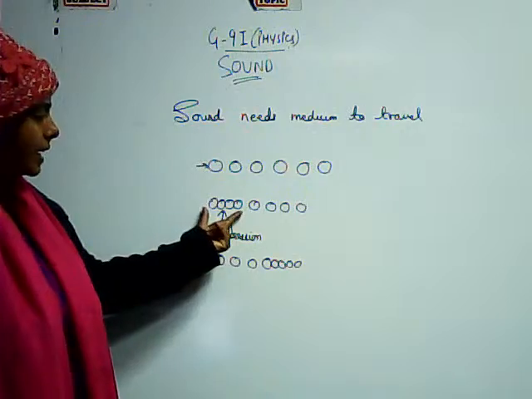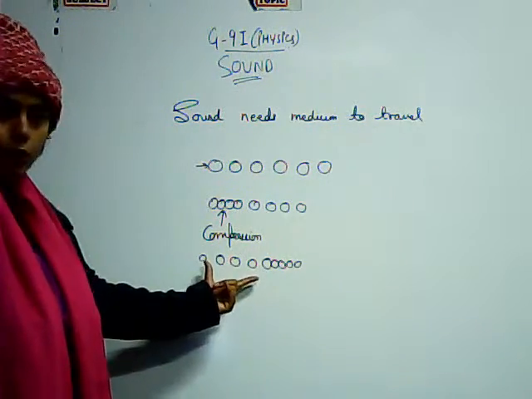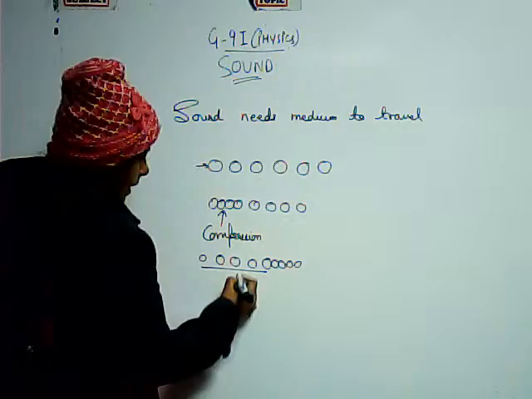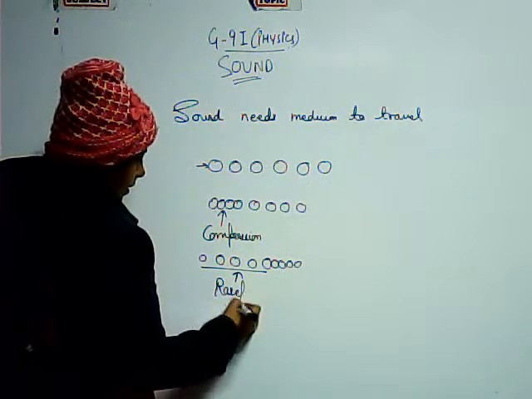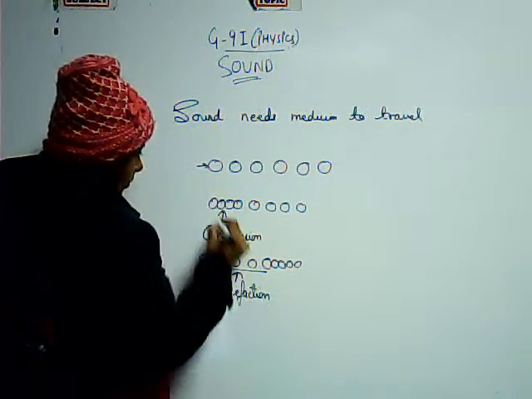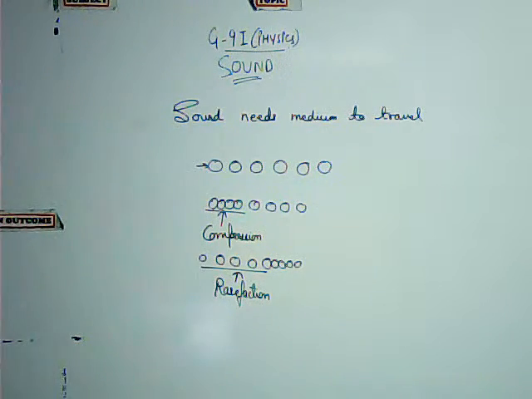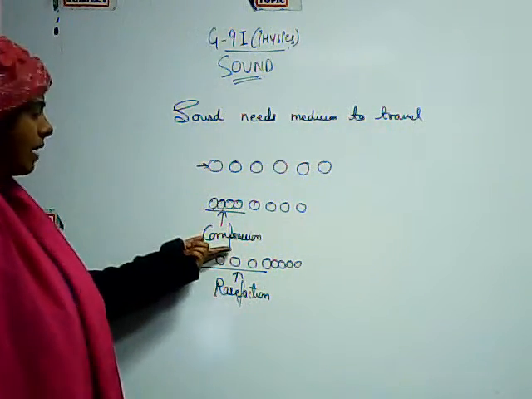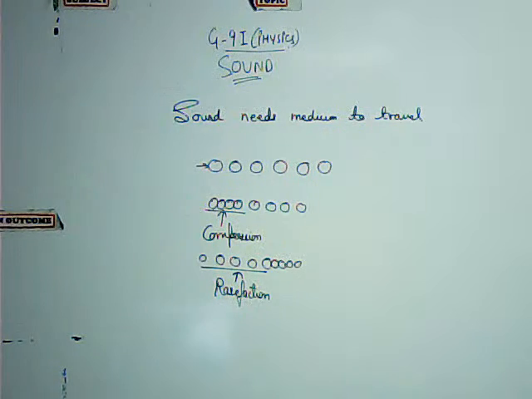So, when they come close, that is compression, and when they move apart, this is what we say rarefaction. See, you can understand from the name: compression means when they get compressed. Rarefaction, rare means when the molecules are rare. Fine, so compression and rarefaction.